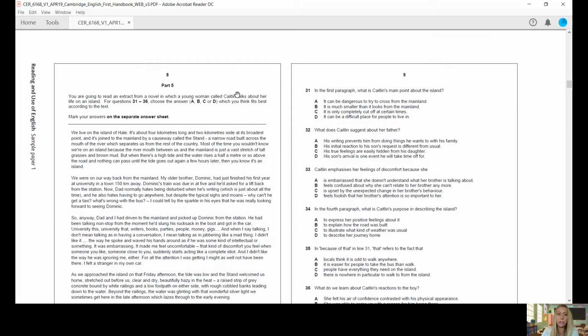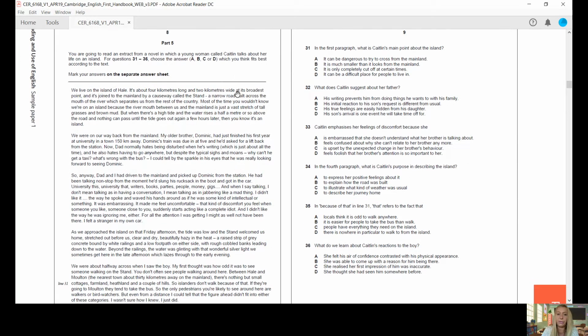Okay, moving on to part 5. Here is reading. You're going to read an extract from a novel in which a young woman called Caitlin talks about her life on an island. For questions 31 to 36, choose the answer A, B, C, D, which you think fits best according to the text. Now, as you can see, you get to this part and it's quite a long text, and there's a lot to do.